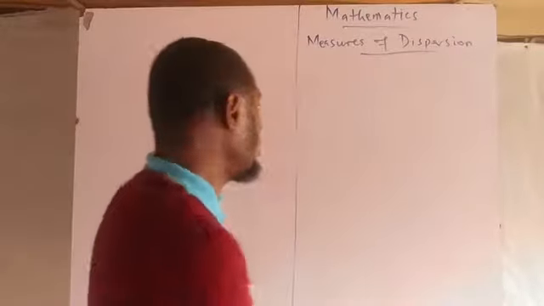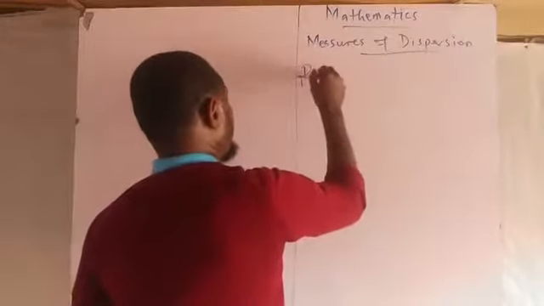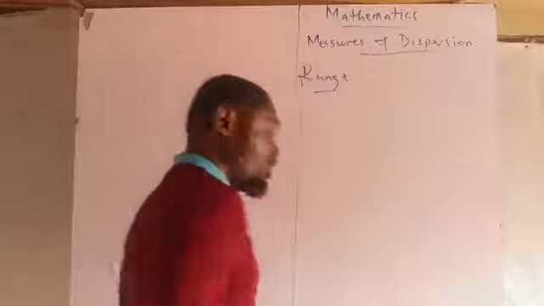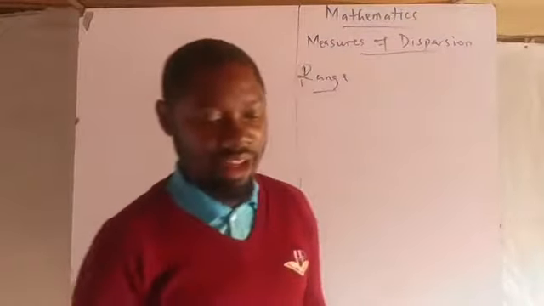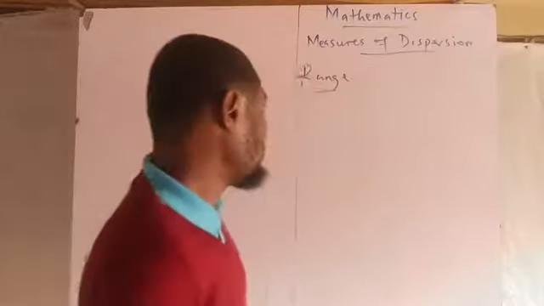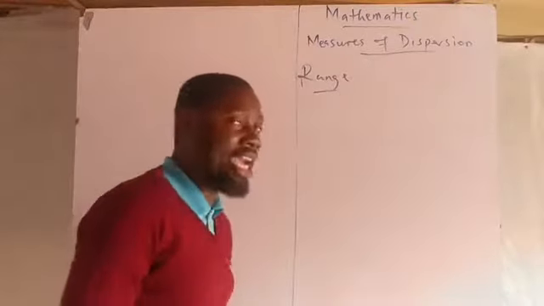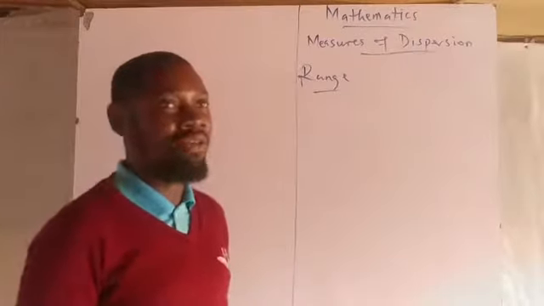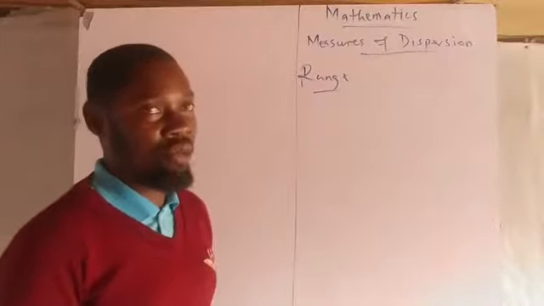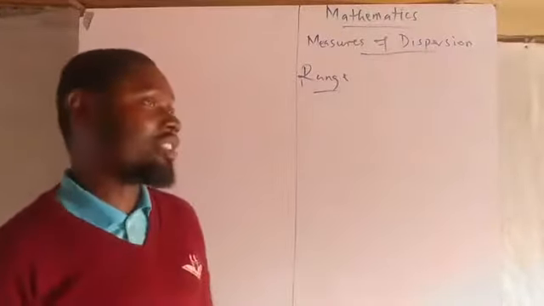For range, range is simply the difference between the highest and the lowest value. Range is defined as the difference between the highest and the lowest value in a given distribution or given frequency or data.